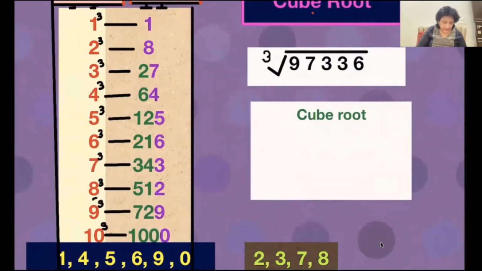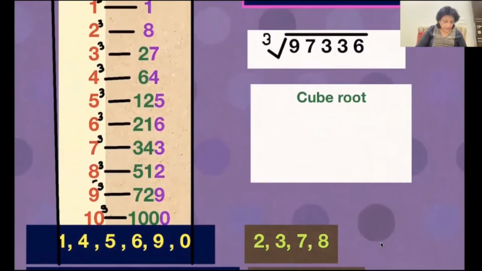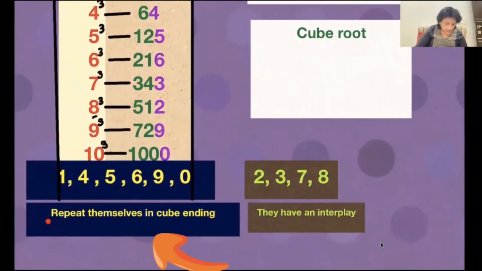That means you will observe that 1, 4, 5, 6, 9 and 0 repeat themselves in the cube endings.